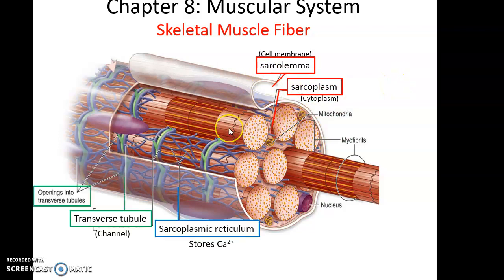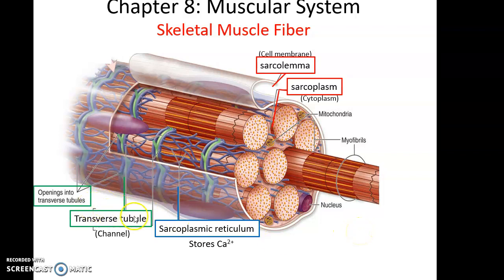There are also some structures specific to muscle cells. So for instance, we have these tubes made up of cell membrane, sarcolemma, that go into and pass through the muscle cell. So transverse tubules are tunnels, as it were, going through the width of the muscle fiber.